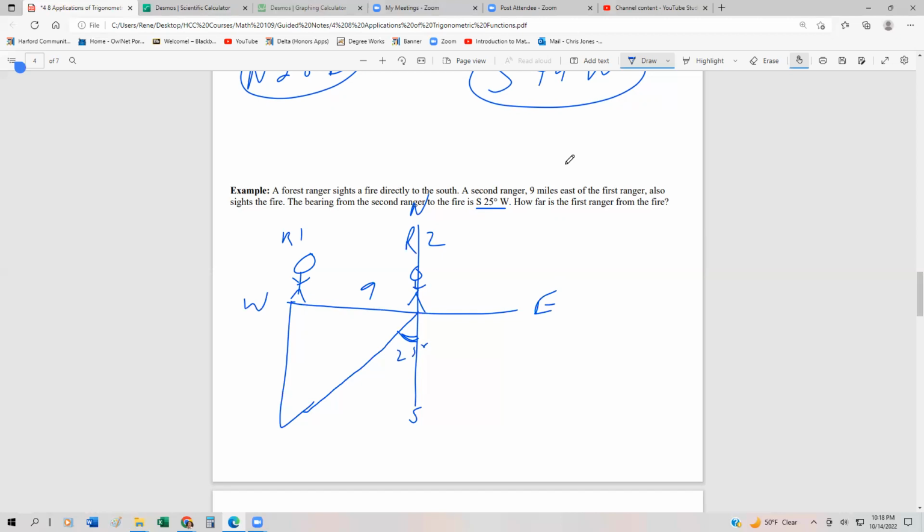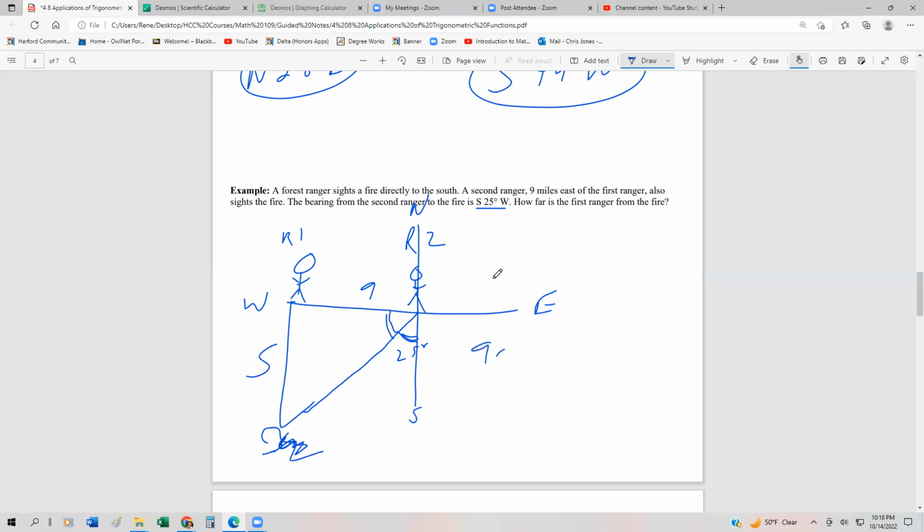Okay, we're trying to look for this fire. Okay, so I know that's not a good drawing there. All right, but that's what we have. Okay, what we're looking for is the distance of Ranger 1 to the fire. Okay, so we're looking for this south. Right. Another way to think about this is that if this is 25 degrees, then the remainder, this angle, would be 90 minus 25.